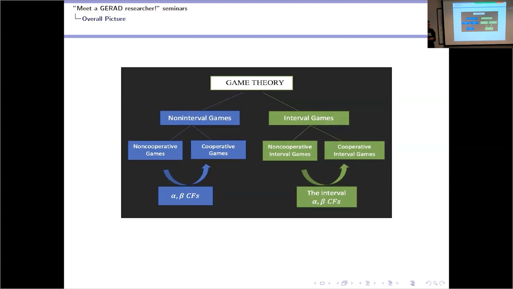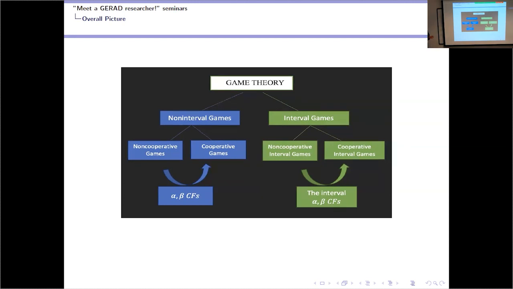There is a theory of non-cooperative interval games as well as cooperative interval games, but they are not connected. But there are also some characteristic functions such as alpha, beta, gamma, delta, but we are using two of them in our work today, which are the alpha and beta characteristic functions.